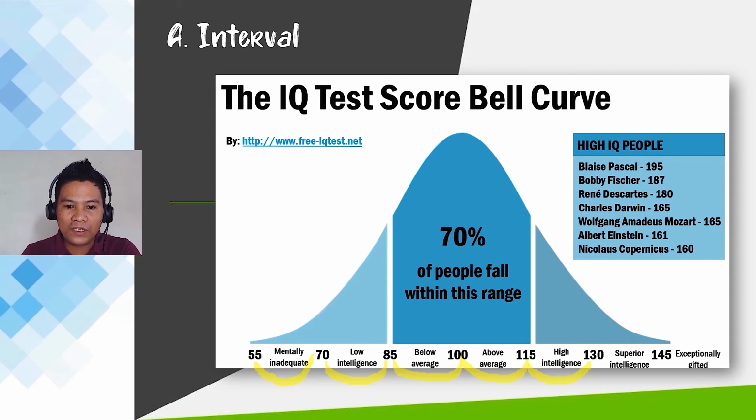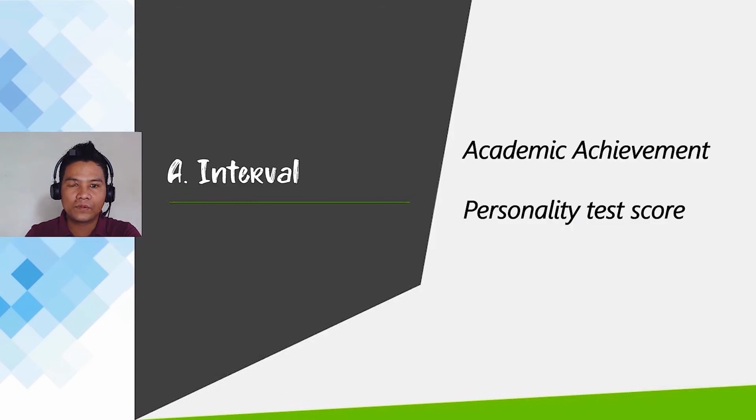So you notice that there is an equal distance between points or the interval scale are equal. So this is a good example for interval. We also have the academic achievement and personality test score as examples for interval.